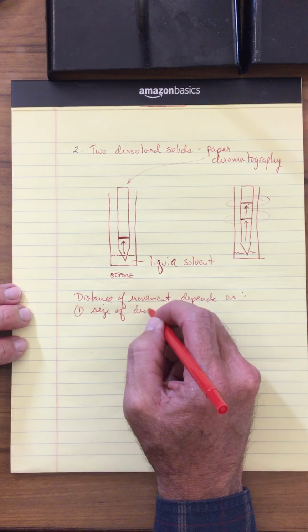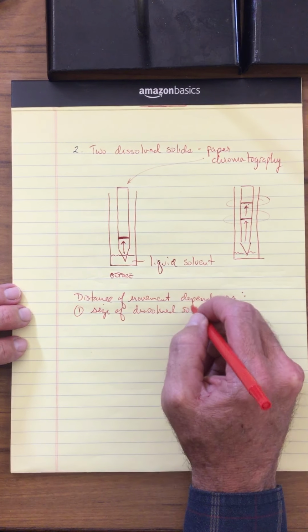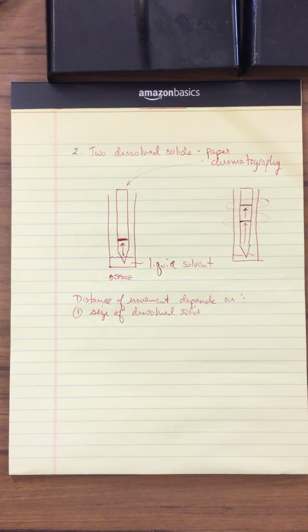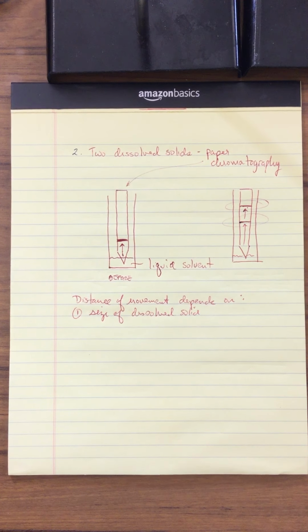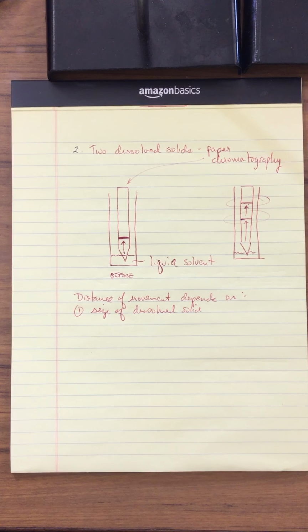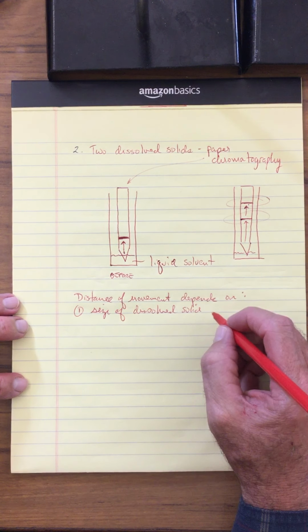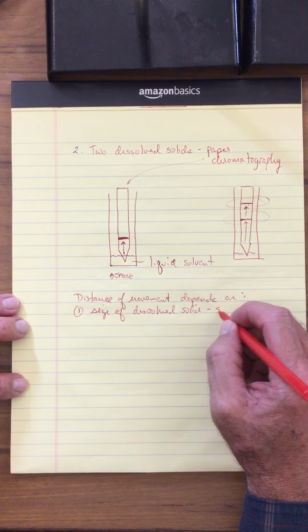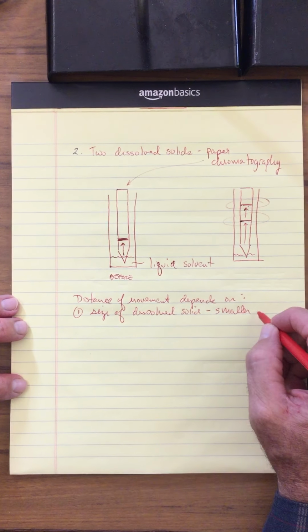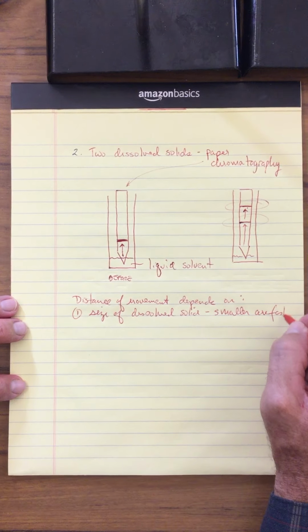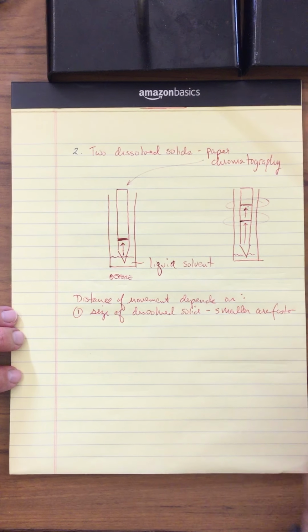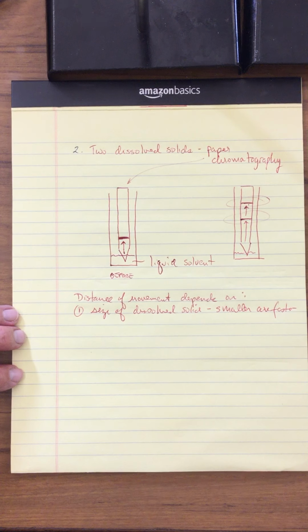What's going to be easier to move through a material, a small substance or a large substance? Now imagine you have a sponge with all these little pores and holes. What's going to make it through those tunnels a lot easier? It's going to be a smaller substance. So smaller substances will be faster. The larger particles will move more slowly because they're going to get stuck.